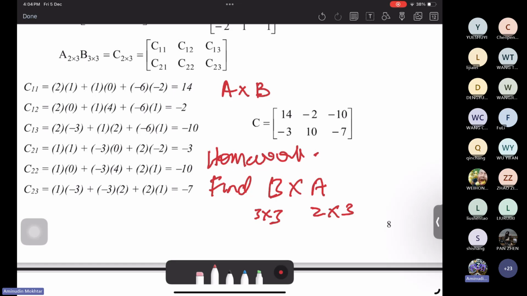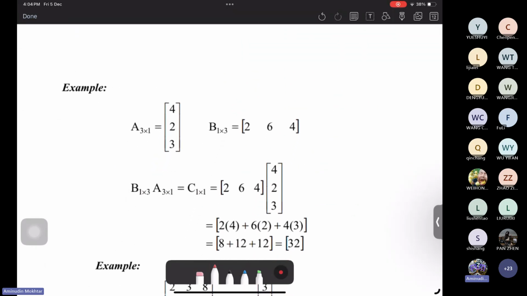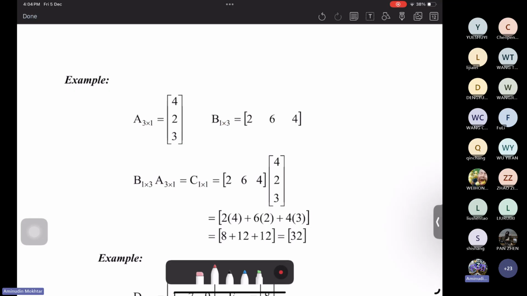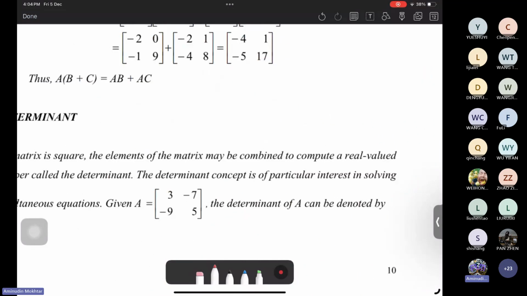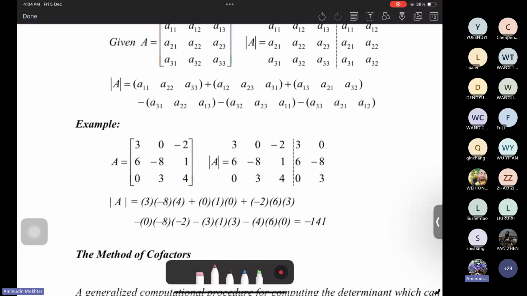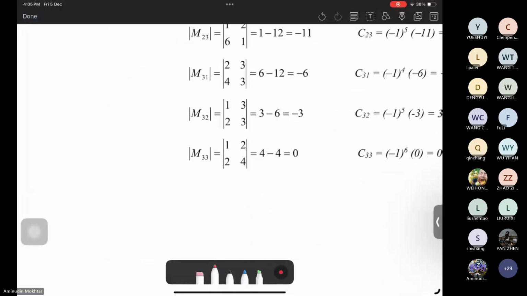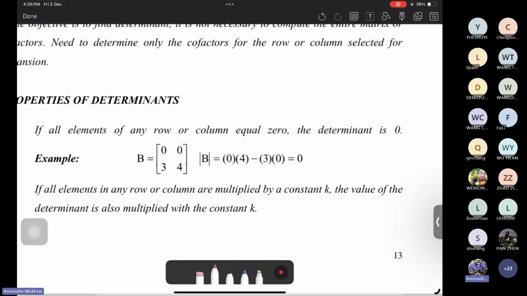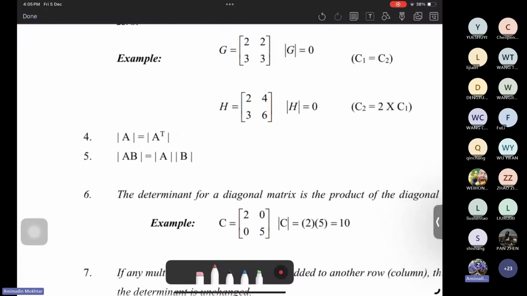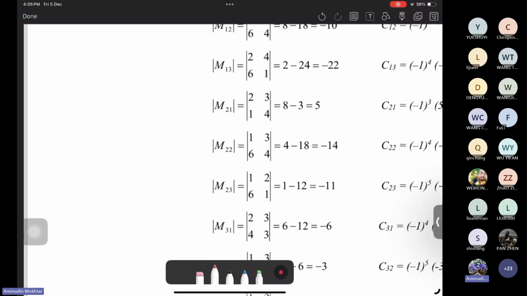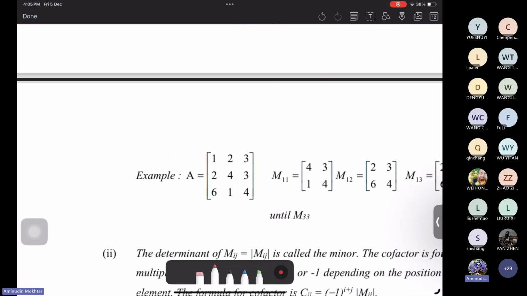Okay, that's I think the basic concept of matrix. You must know this basic concept, because after this we are going to apply this matrix concept in economics and business, especially in the examples in part B of matrix.